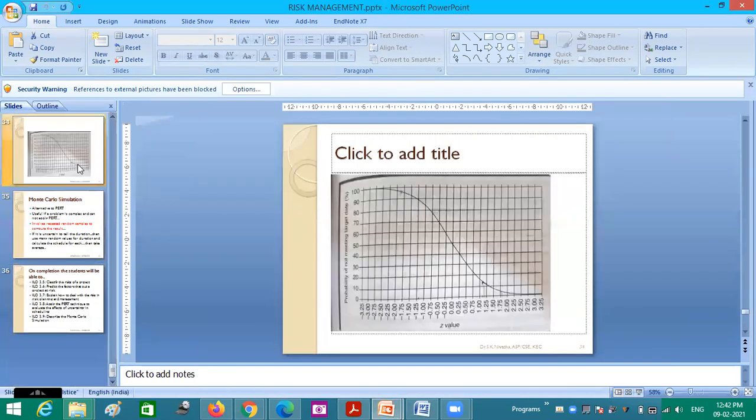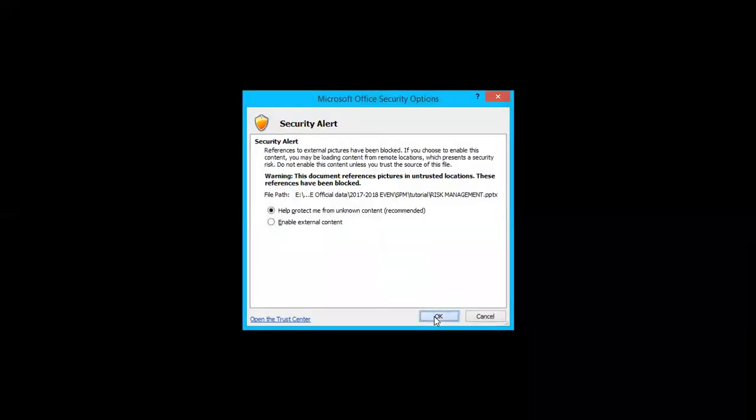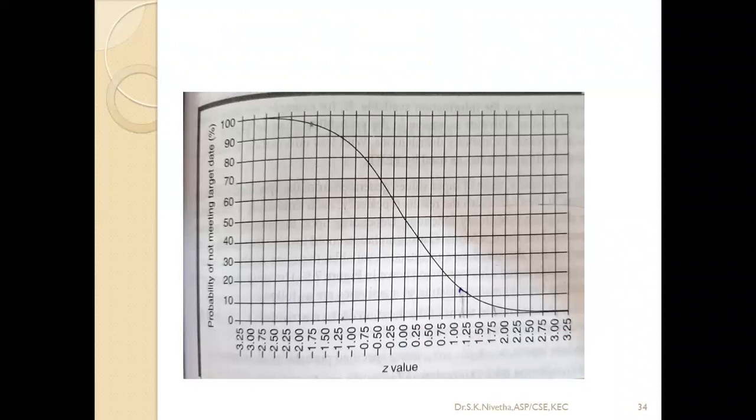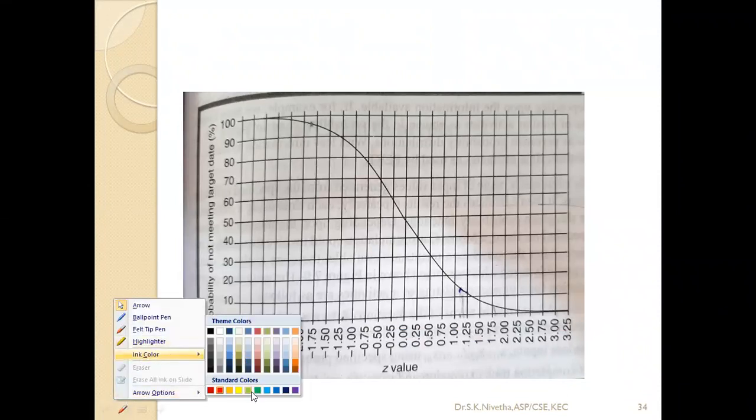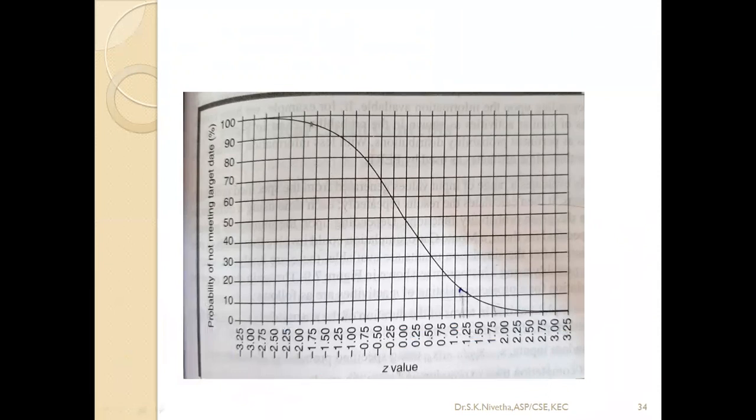Okay, so we have a chart, Z value chart. Minus 0.29 may come here. Okay, so it is crossing here approximately.